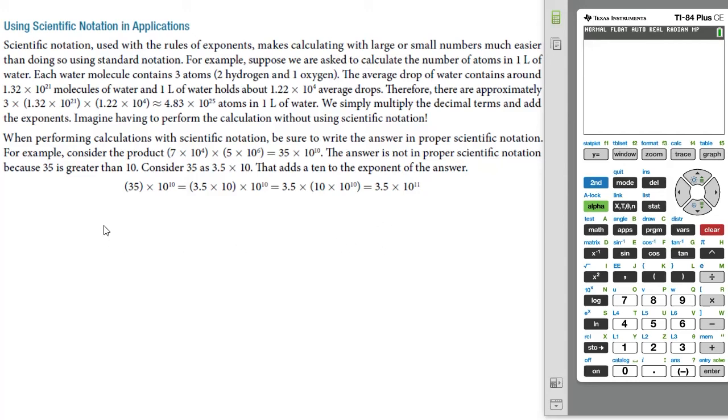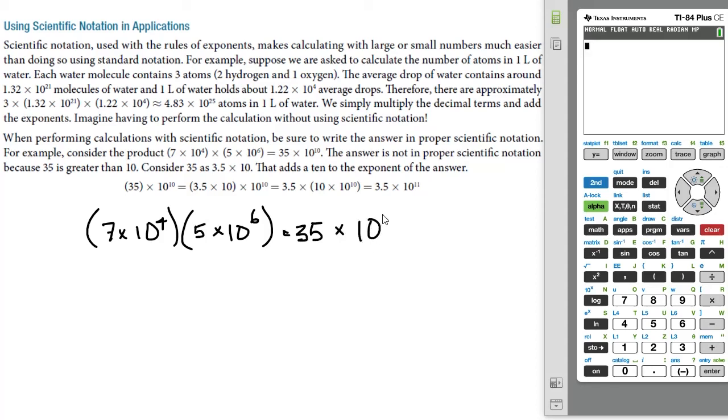So in this example, we have 7 times 10 to the power 4 multiplied by 5 times 10 to the power 6, and 7 times 5 is 35 times 10 to the power 10. The problem is this is not written in scientific notation because we've got 35 and not 3.5. So the answer is not in proper scientific notation because 35 is greater than 10.